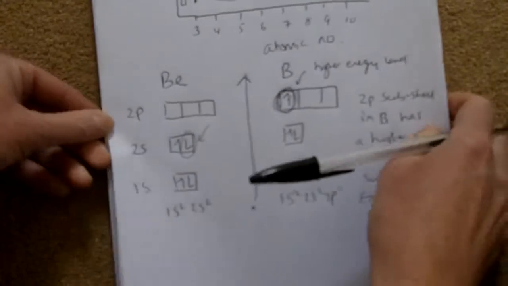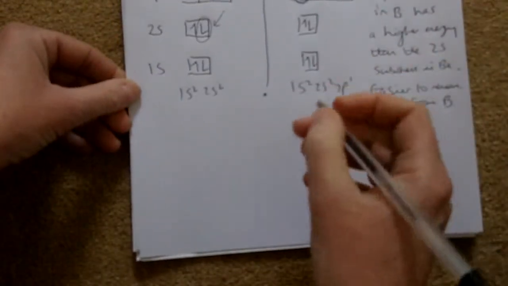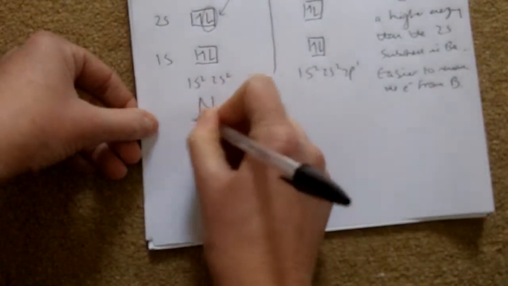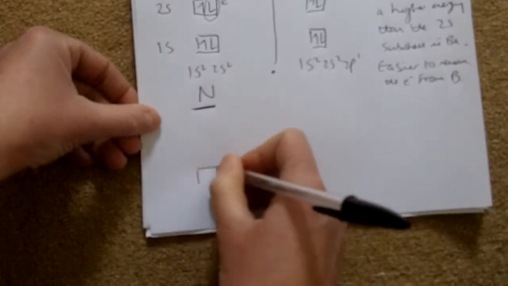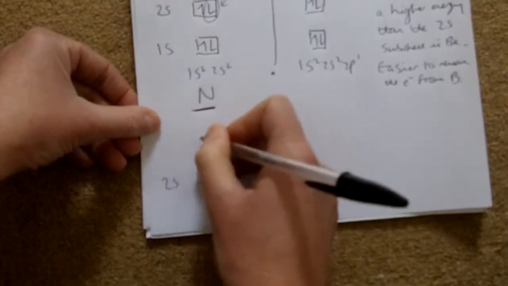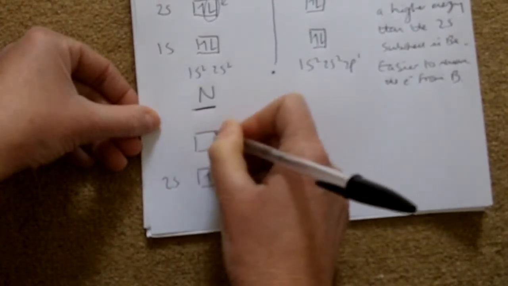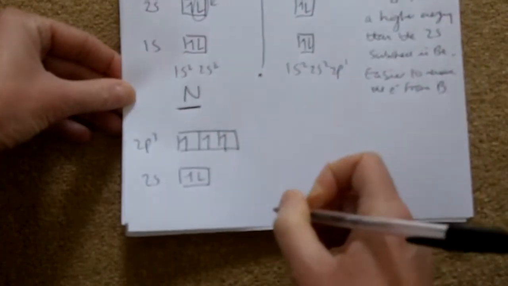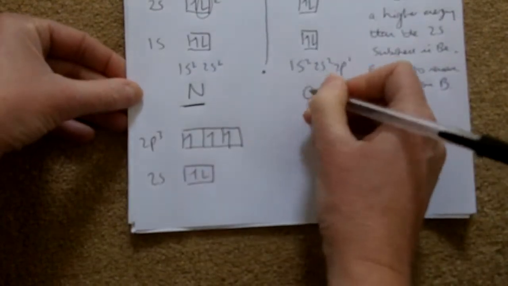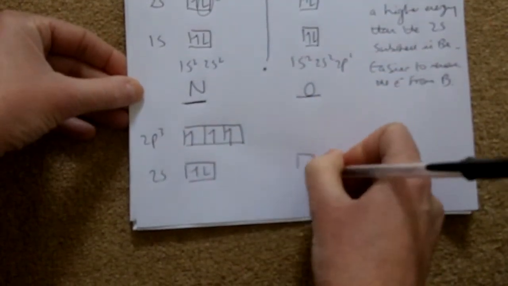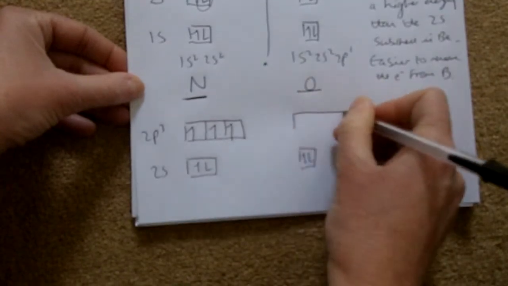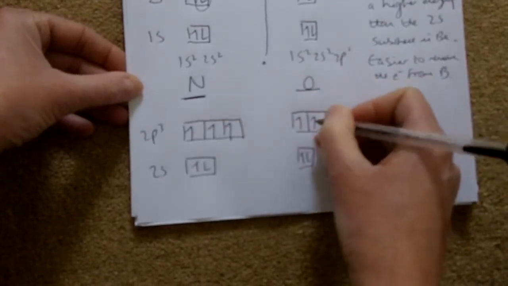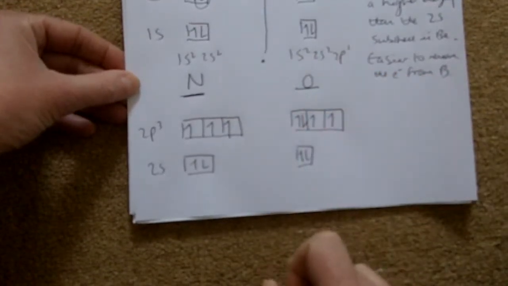So why does it happen between nitrogen and oxygen? Again, if we look at nitrogen, nitrogen is 1s2, 2s2, 2p3. Remember, the electrons occupy the orbitals by themselves, whereas oxygen is 1s2, 2s2, 2p4, and now in 2p4 for oxygen, you have to pair up the electrons.